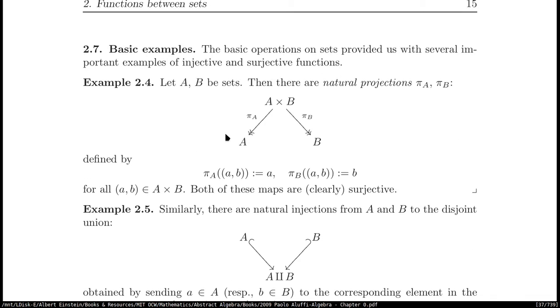So naturally from projections you can also have injections, but instead of the Cartesian product, we have the disjoint union this time, right?